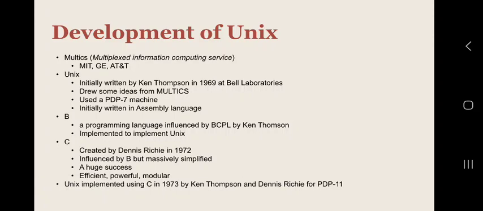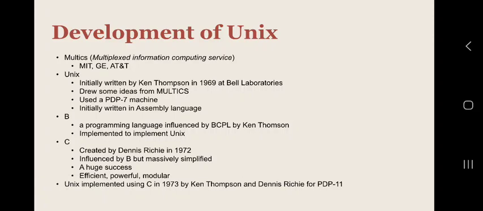But what stands out was the fact that it really had some good concepts, which is what inspired Ken Thompson, the founder or father of Unix, to develop Unix. He brought some concepts from Multics to Unix, and he developed the Unix operating system back in 1969.